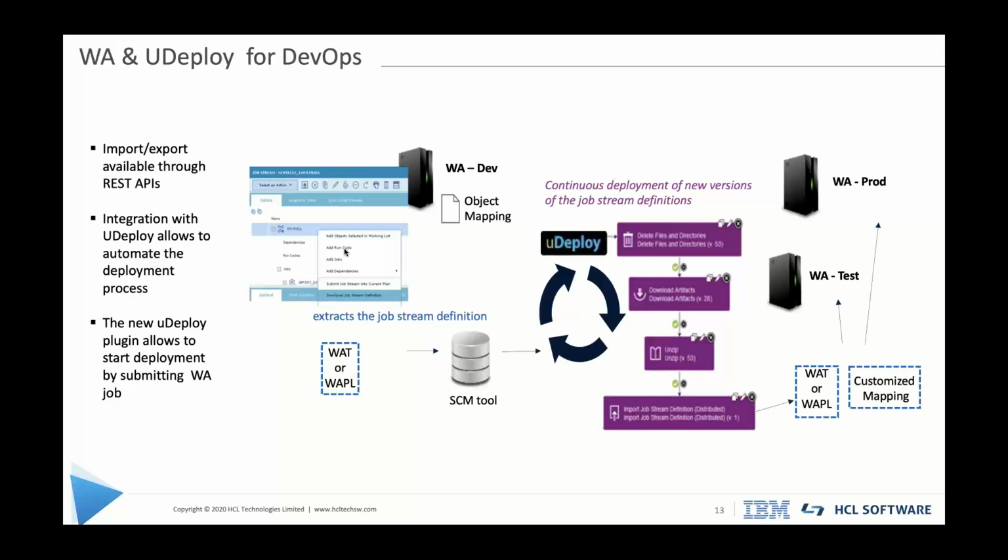This is available both for distributed and mainframe, depending on your environment. What happens under the cover is that the automation of the flow will invoke either the command line on distributed or submit a job with WAPL on Z to move your definitions from one environment to another.